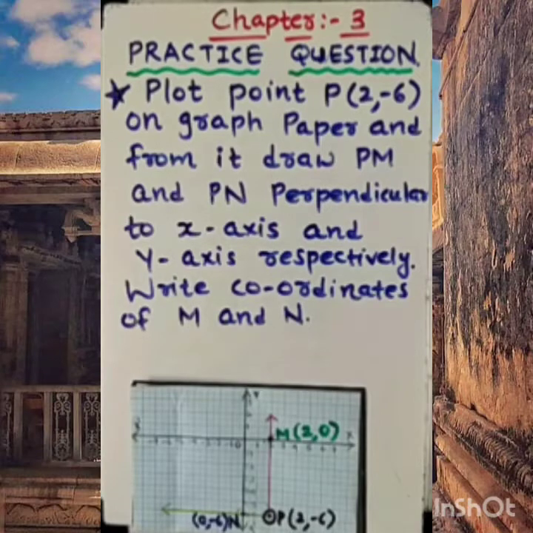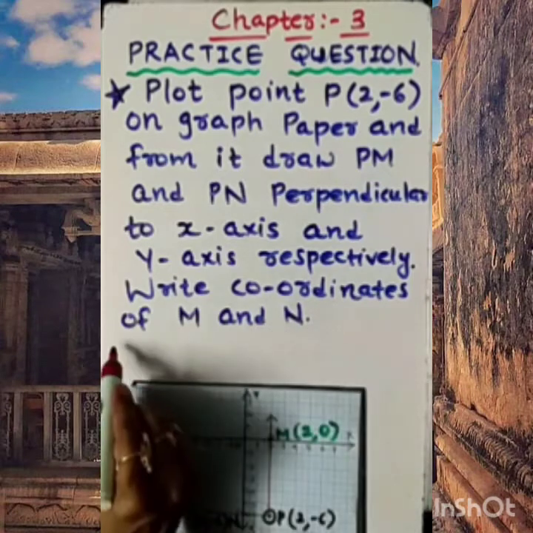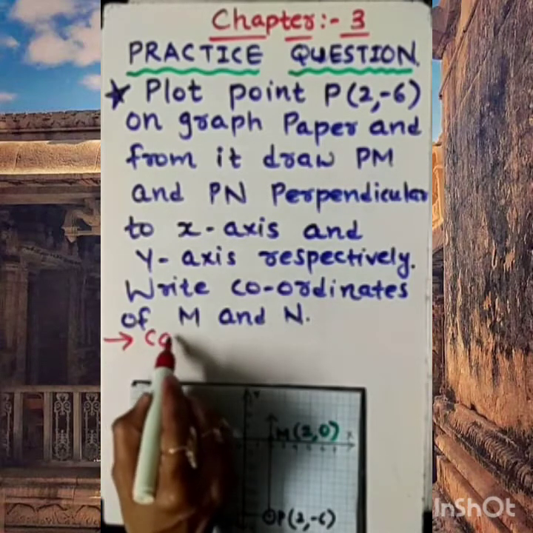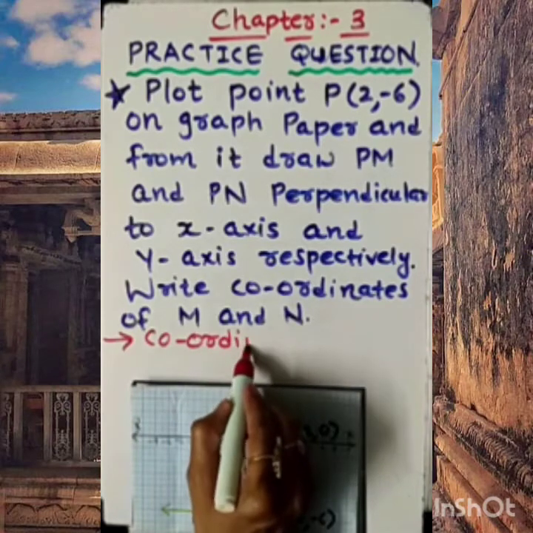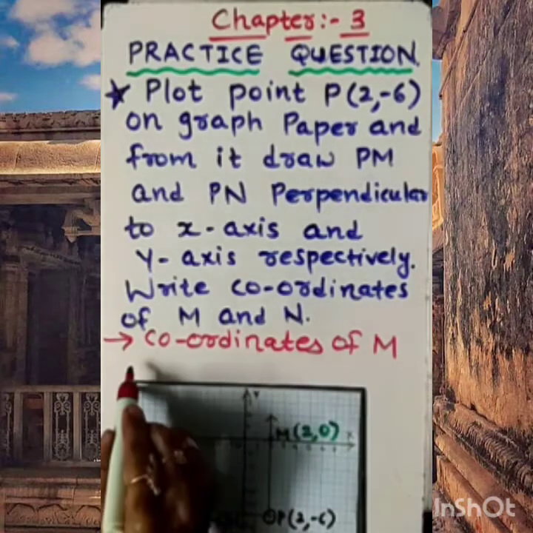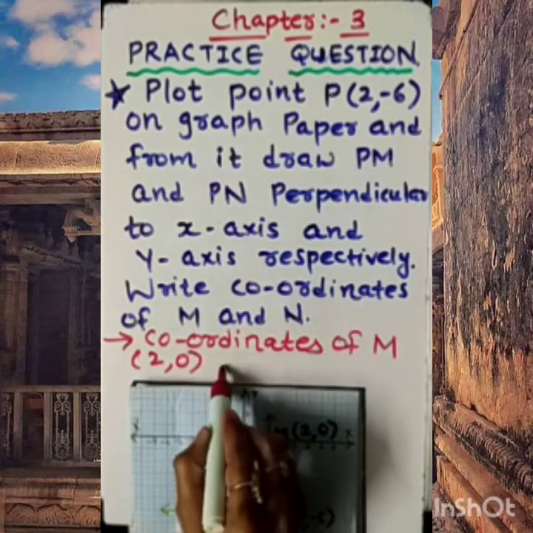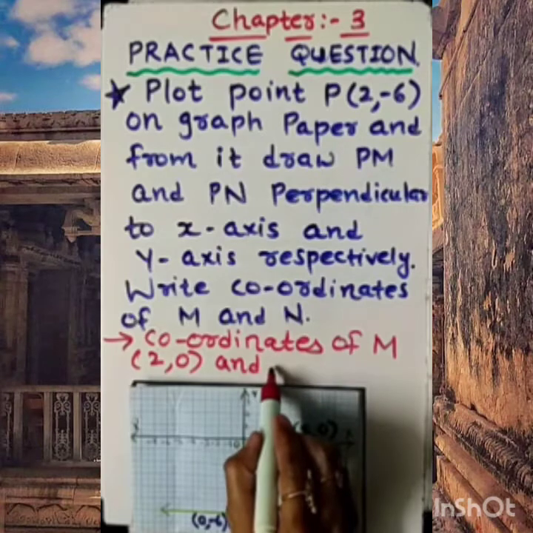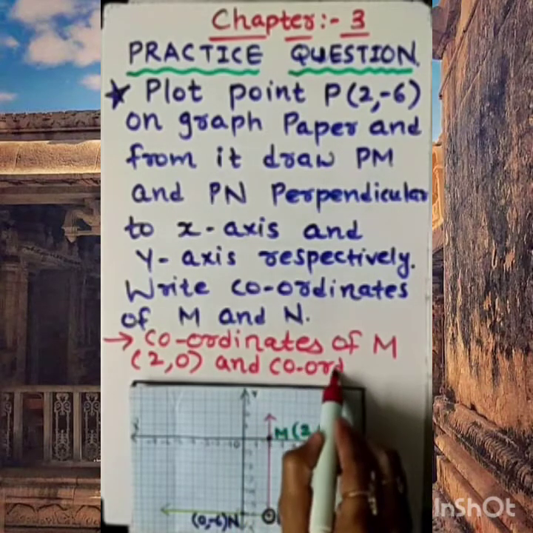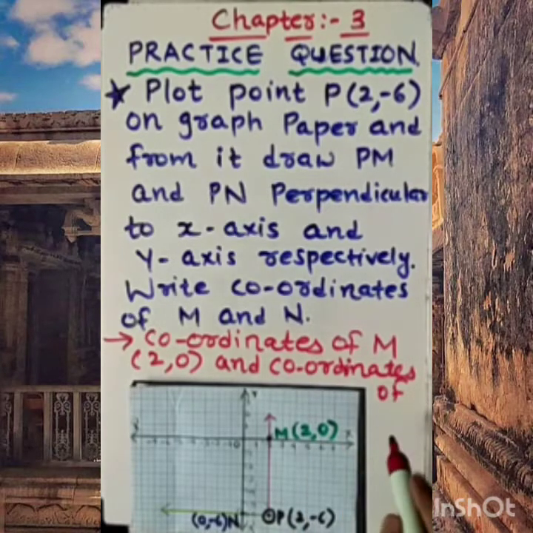We need to mention it here because in the question we are asked to write the coordinates of M and N. So we need to mention here coordinates of M. What are they? (2, 0) and coordinates of N. Coordinates of N will be (0, -6).